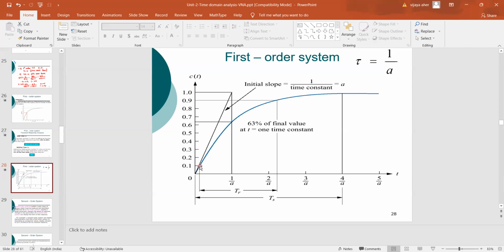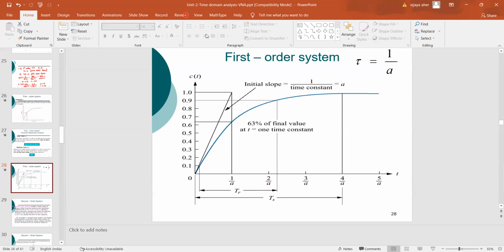So 10% is here and 90% is here. Take the projection like this on the response. When your system response rises from 10% of its final value to 90% of its final value, that is the rise time. From this point to this point is the rise time.